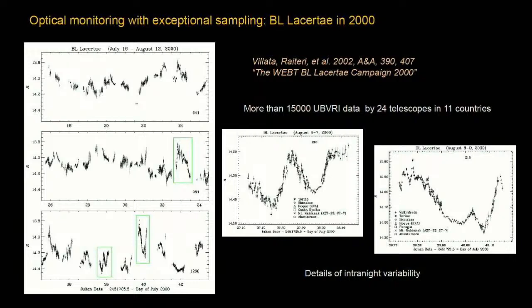Here you can see the folded light curve of BL Lac in 2000 during the first massive WEBT campaign on BL Lac, which was led by Massimo. And you can see here that we can follow even the details of the variability of the object.